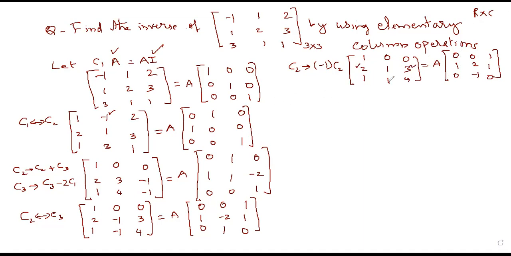So C1 and C3 will be converted by using C2. So I will perform them together. First C1, in C1 we have to multiply minus 2 into C2 and add it to C1, minus 2 plus 2, 0. Similarly in the C3 column, multiply C2 by minus 3 and add it to the third column.